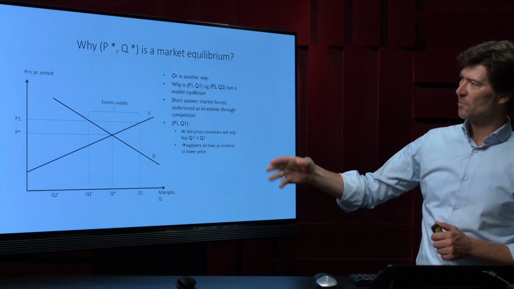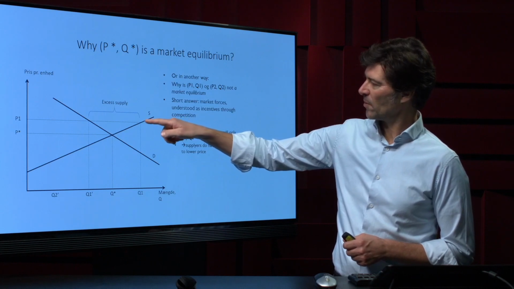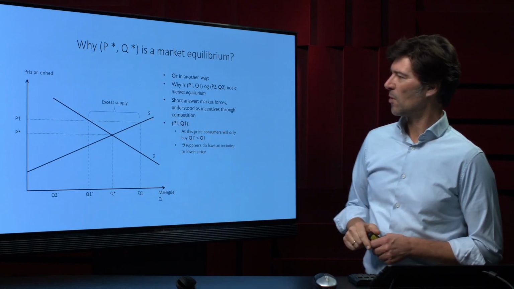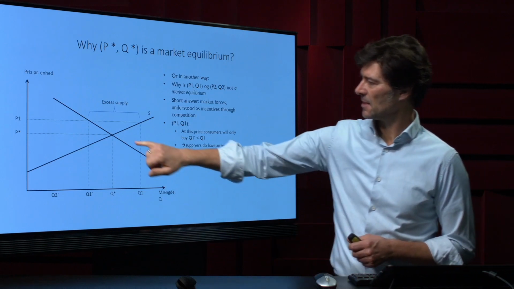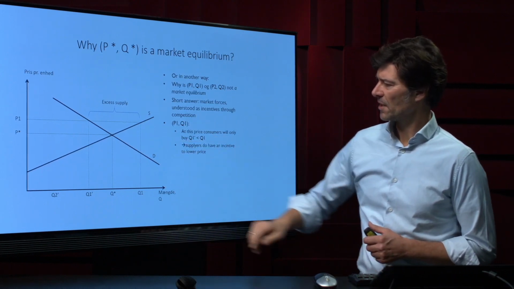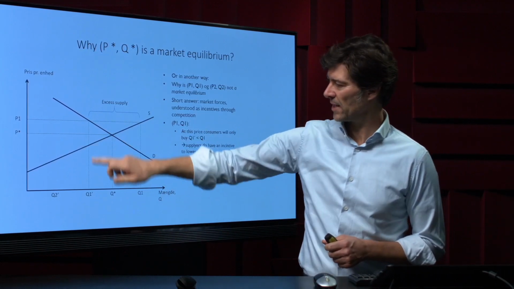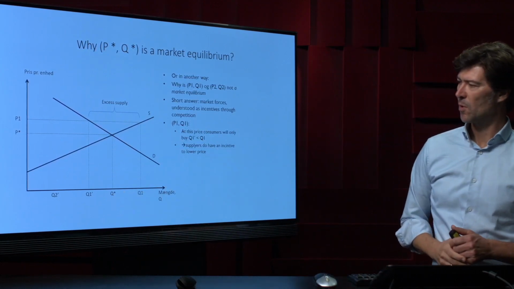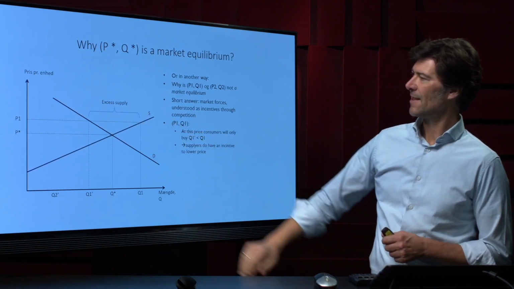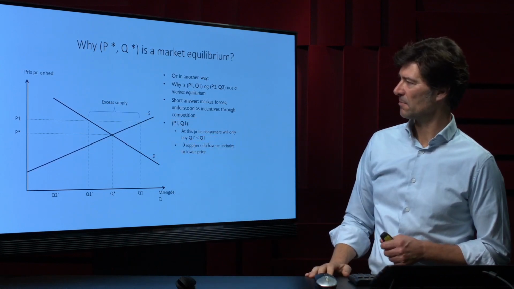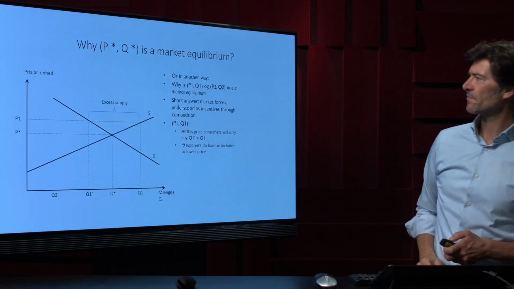Well, if the price was P1, the suppliers would be willing to supply Q1, but because the price P1 is higher than the equilibrium price, the consumers are only willing to consume Q1 prime. And in this case, we have what we call excess supply. There is a gap between demand and supply, where the supply is higher than demand.